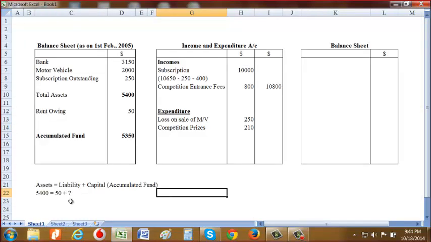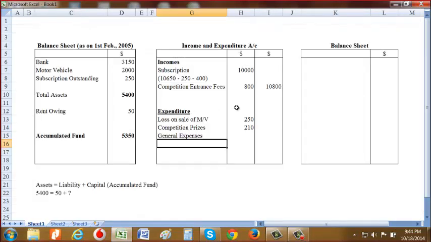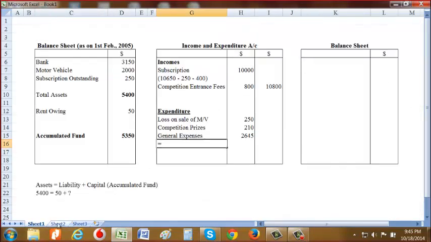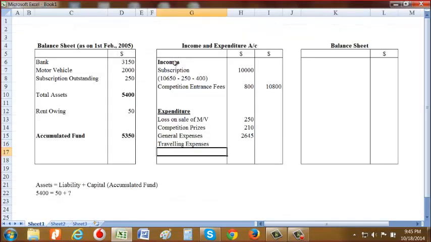So general expenses I will take. How much? 2645, isn't it? And after general expenses, what is there? Travelling expense. So that also I will take. That is also revenue payment. 830, so 830 I will take.